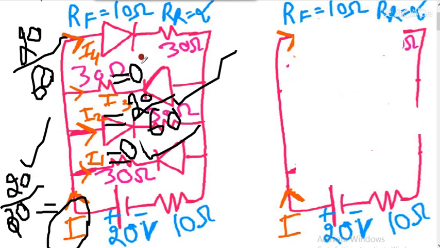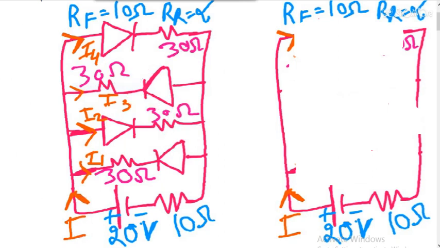Then I3 again equal to 0 because this diode is also reverse biased. Then the last current I4 is equal to half of the total current, so 20 by 60 will be the answer. So I4 is 20 by 60, I2 also equal to 20 by 60, I3 equal to 0 and I1 is also equal to 0.